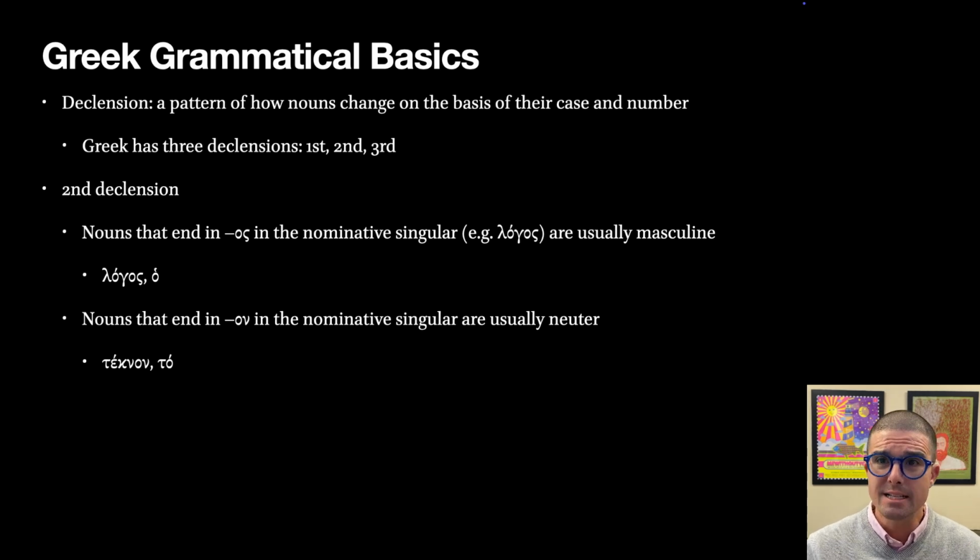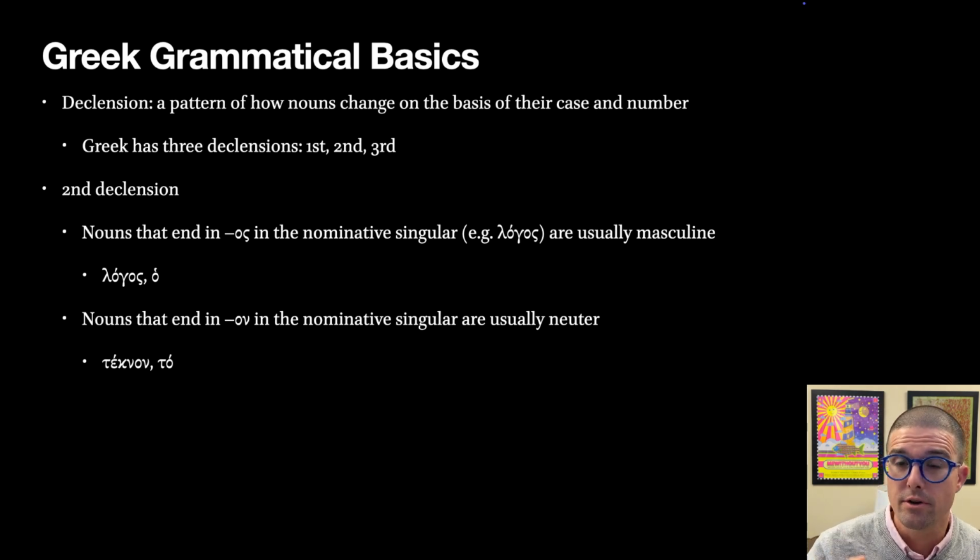So the second declension, the one that we are beginning with, is a group of nouns that ends either in omicron sigma, the last two letters, in the nominative singular. Our example here is the word logos. These are usually masculine second declension nouns.